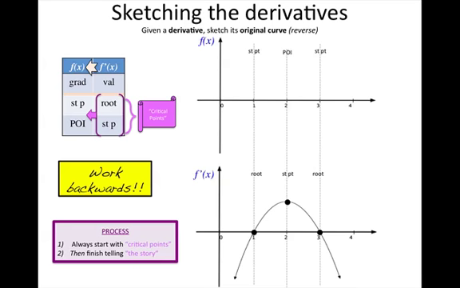So this is slightly tricky because remember we work in backwards. But now, when we're telling the story, we are looking at the value and that will become the gradient. So before it was the gradient to the value, now it's the value becomes the gradient. And that's why it's so important to draw that little cheat box out so you can see it visually and work forwards or backwards depending on the question.